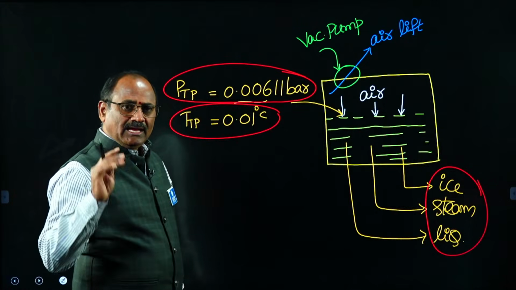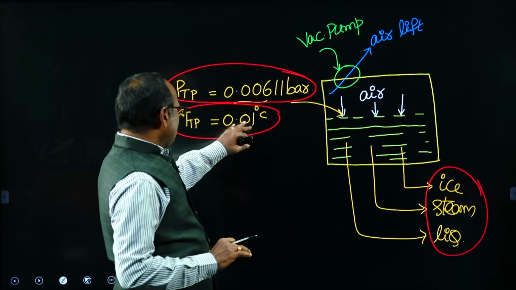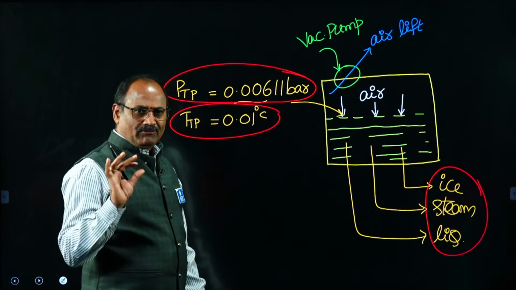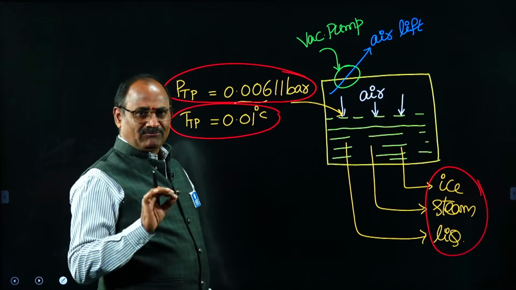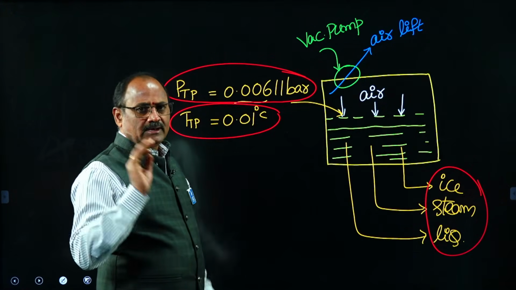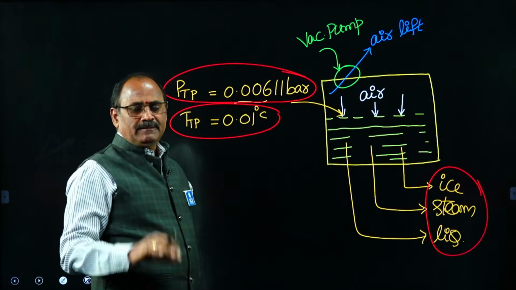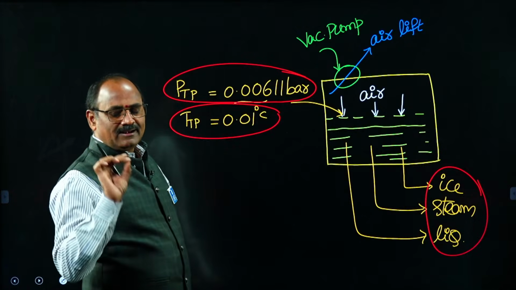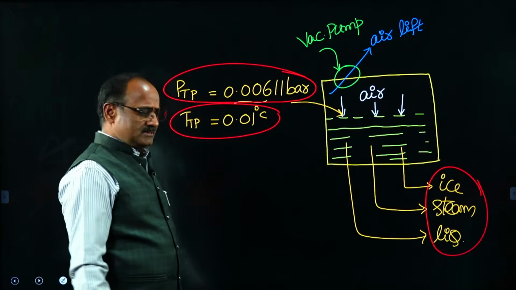As you know, if any system maintains chemical equilibrium, thermal equilibrium and mechanical equilibrium, that kind of system is said to be under thermodynamic equilibrium state. From that you can conclude that the triple point state is the best example for thermodynamic equilibrium state.